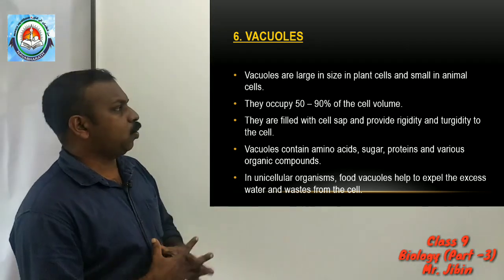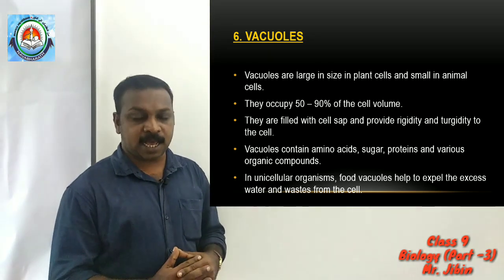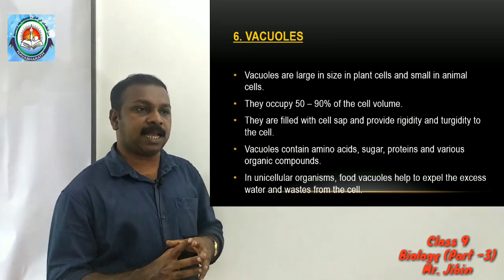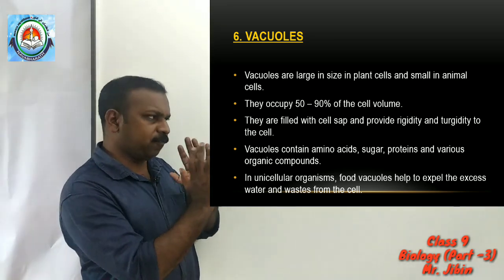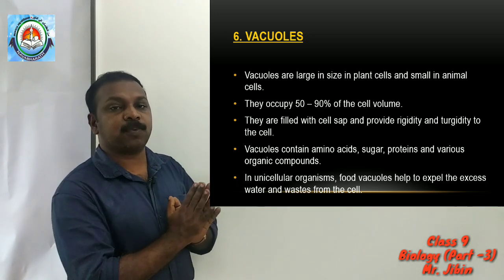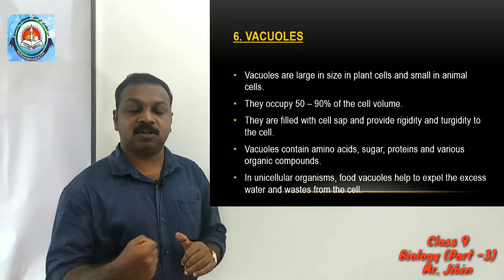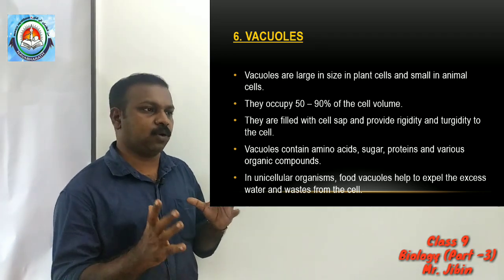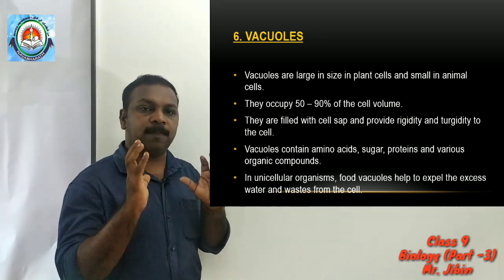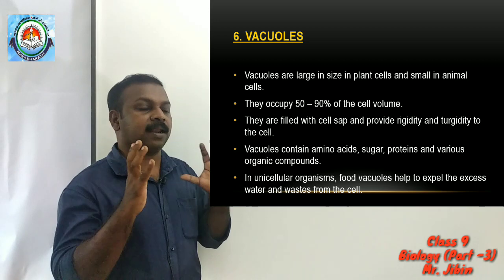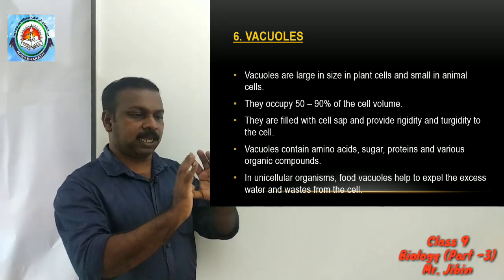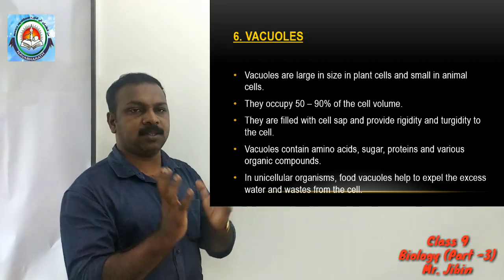And these vacuoles are filled with cell sap, completely filled like a bag, and it provides turgidity and rigidity to the cell. Turgidity and rigidity means, suppose we blow air into a balloon, then what happens? We can see that the balloon becomes very large in size.